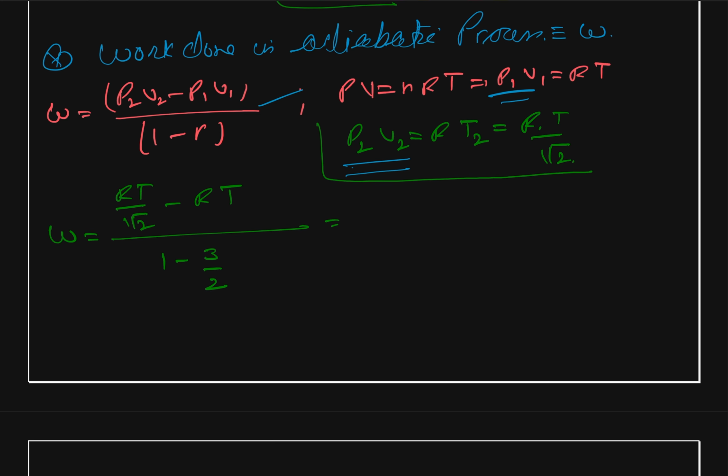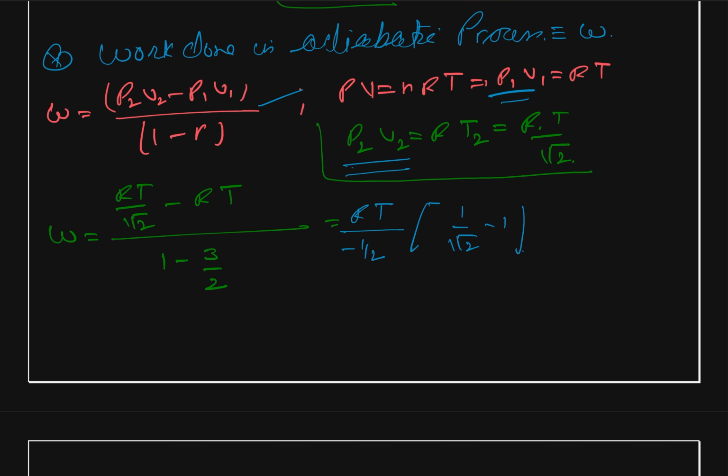We get this as, we can take RT common, and in the numerator it will be coming as minus 1 by 2, and from here we get 1 upon square root of 2 minus 1.